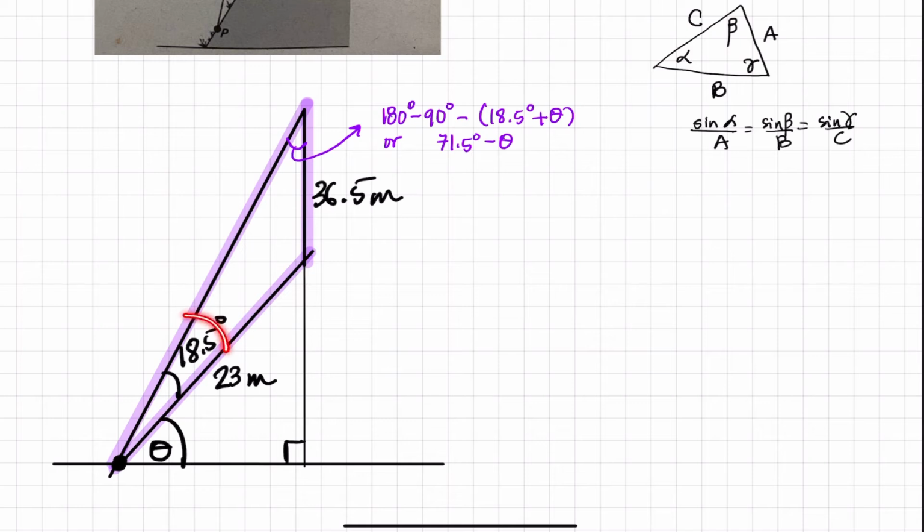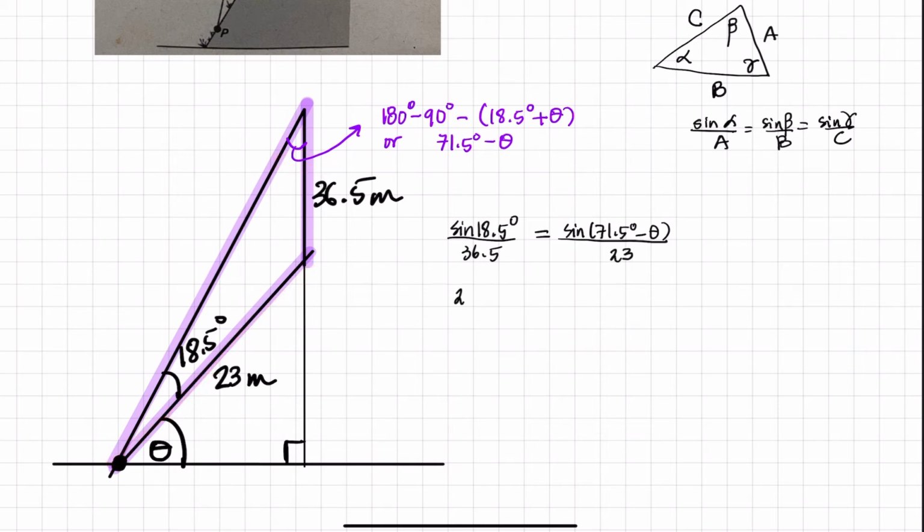So, we have sin 18.5 divided by 36.5, kasi katapat niya 36.5, equal to sin nitong angle na to which is 71.5 minus theta, divided by anong katapat nito? Si 23.